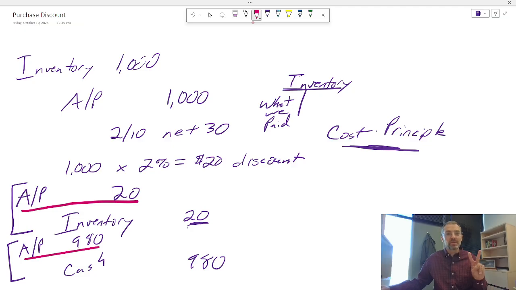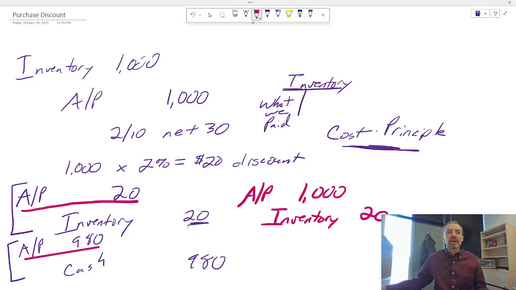Well, that's two debits, so it is exactly like debiting accounts payable for 1,000. Inventory, right now, I only have one of those, so I'm just going to bring that right on over. And cash, I only have one of those as well, so I'm going to bring that over as well.